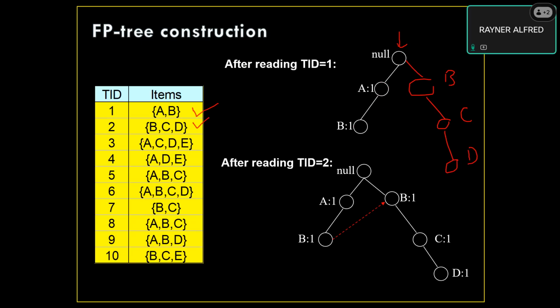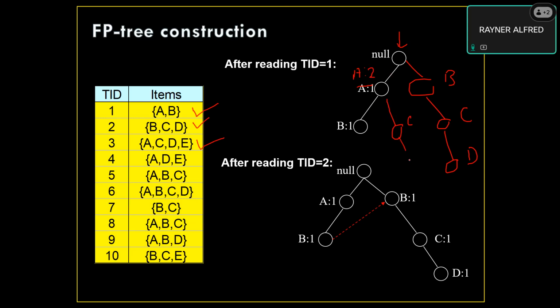Okay, and then we look at A, C, D, E. We have this A here, so we update this one. A now becomes 2. And then we have C, but there is no C here. We have C here.